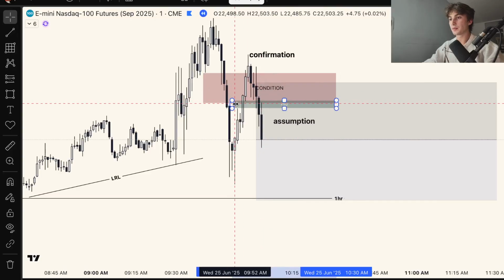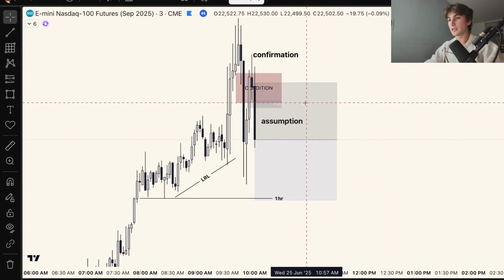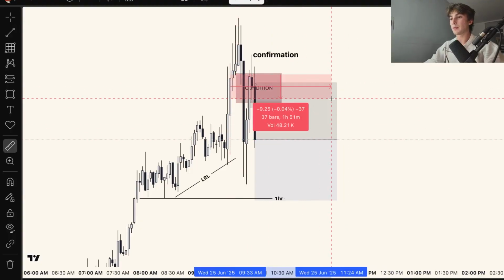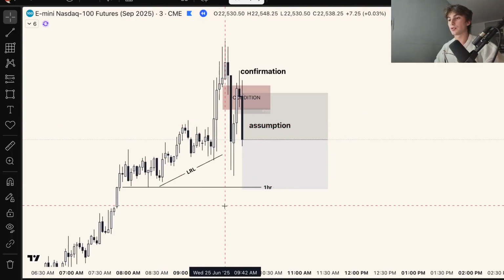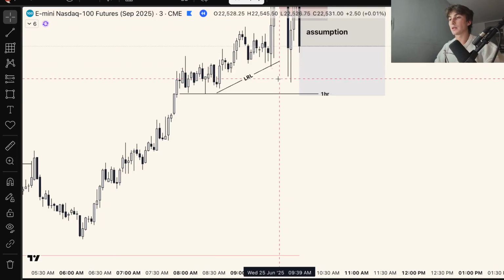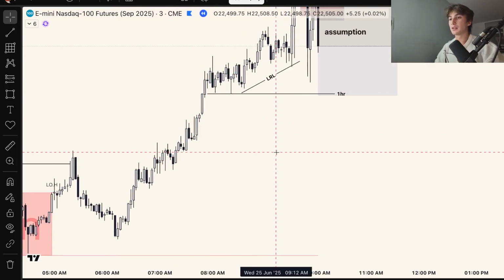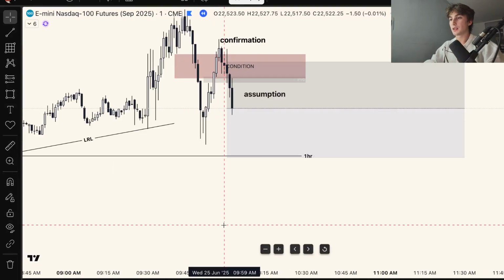And so we get that inversion of this 3-minute. Price inverses this 3-minute. 5-minute gets respected. This is the first time we're getting confirmation that price wants to trade lower, and we actually have a reason for price to trade lower. This higher time frame leg is in balance. We have this unfilled hourly, all this stuff, right? And so we can see how price plays out here.